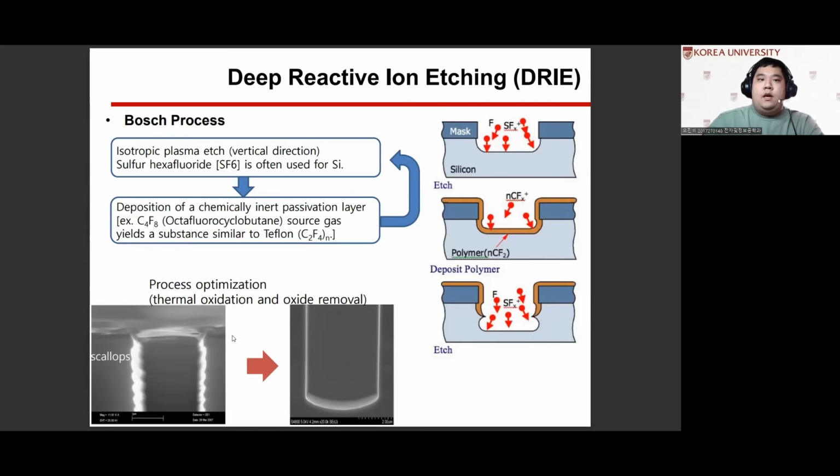With this, we can make this wave-like deep structure, and after this structure is done, we can oxidize the silicon to make the structure even, and after oxidization we remove the oxide layer to make a clean and even structure. This batch process is really widely used for 3D structures nowadays.